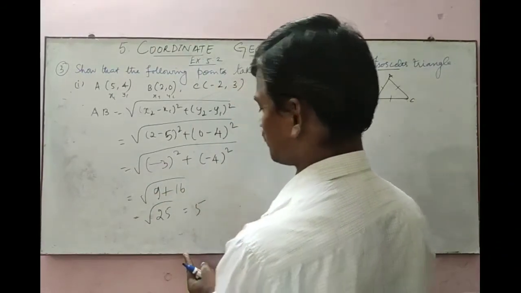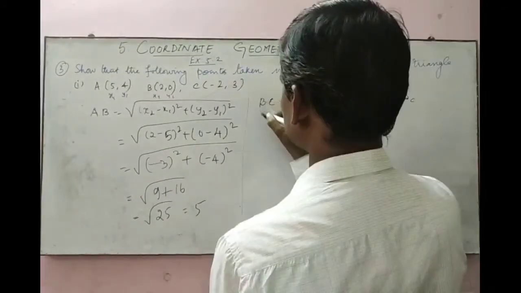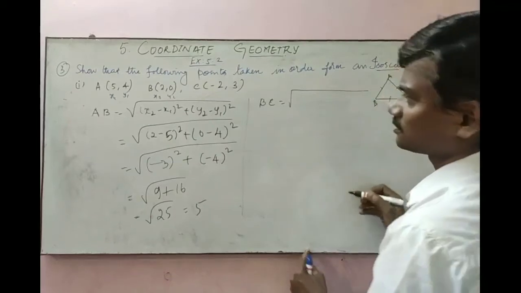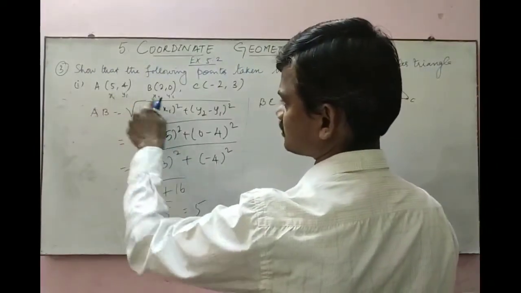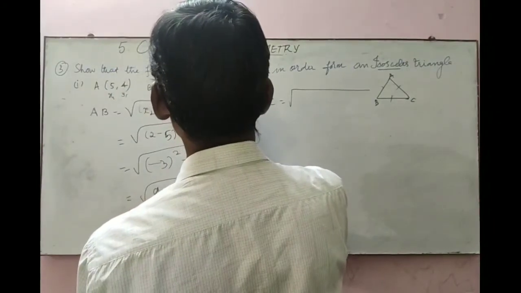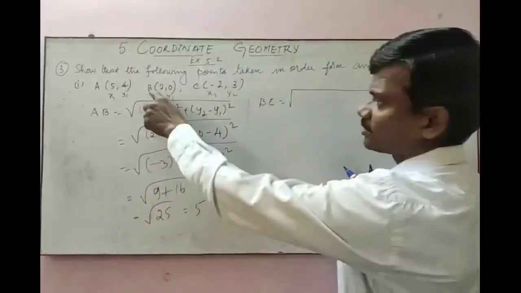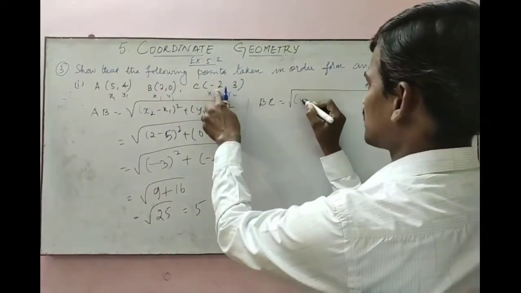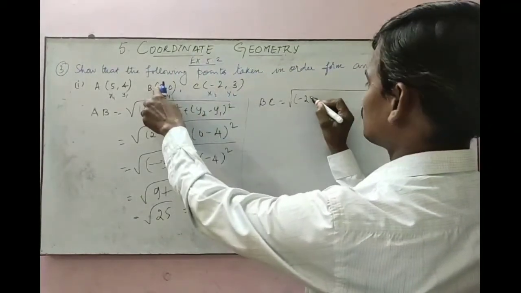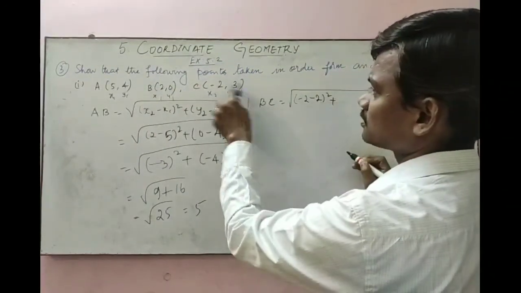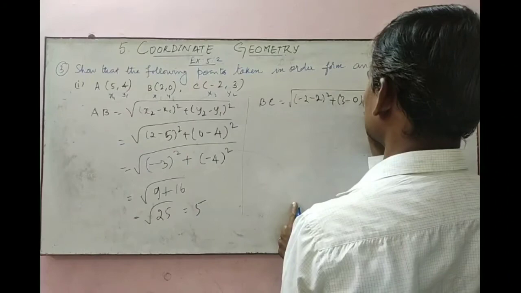Root 25 is 5. Like that you can find length of the second side, that is BC. Now treat the point B as x1, y1 and point C as x2, y2. So x2 is minus 2, minus of 2, again minus 2 square, plus 3 minus 0 whole square.